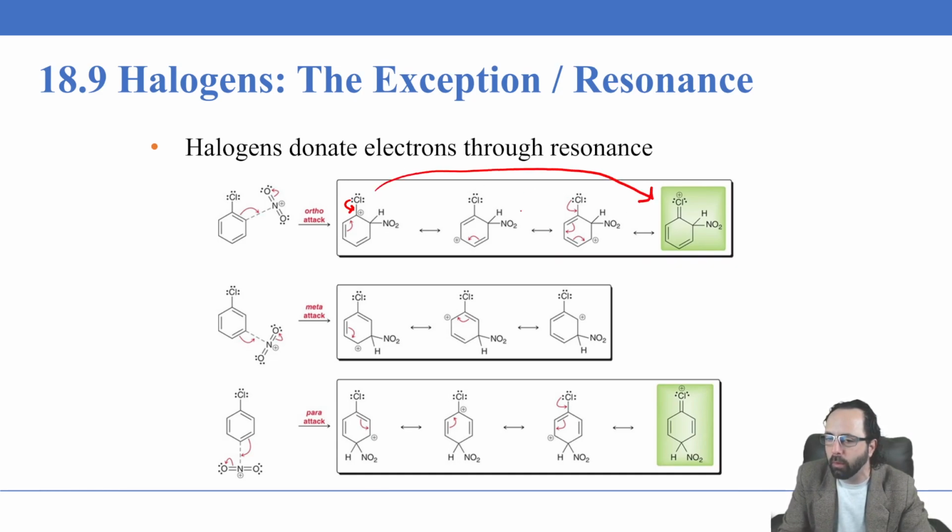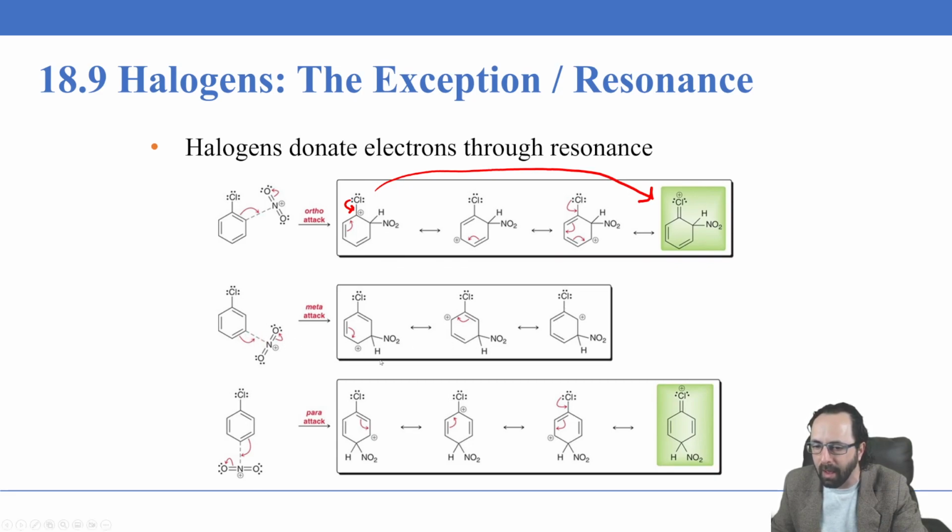And this would produce for us a situation where the chlorine has 2 bonds and 2 lone pairs, and thus is bearing the positive formal charge. And so in this case, we have a stabilization of this ortho attack through an additional resonance structure that does not exist for the meta attack. And so we can see here too, there's allylic lone pair, allylic carbocation. So we have some other resonance structures here too. But this is the additional resonance structure that does not exist when we have a meta attack.